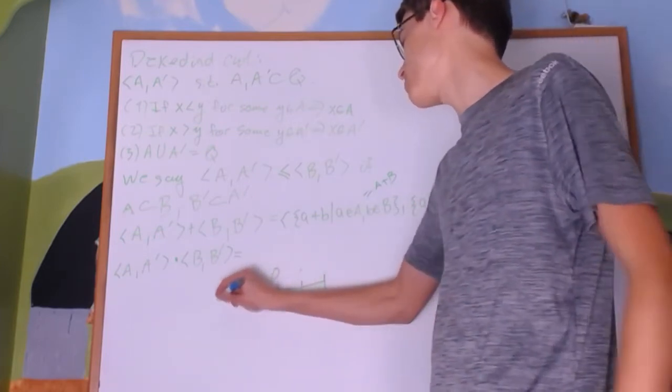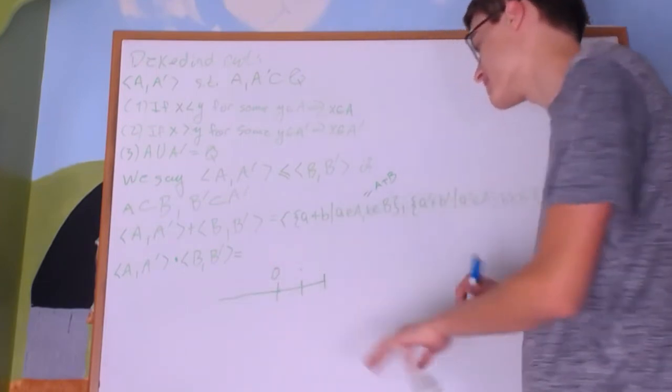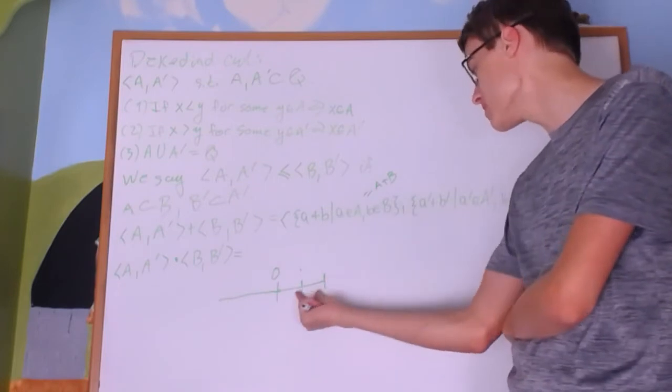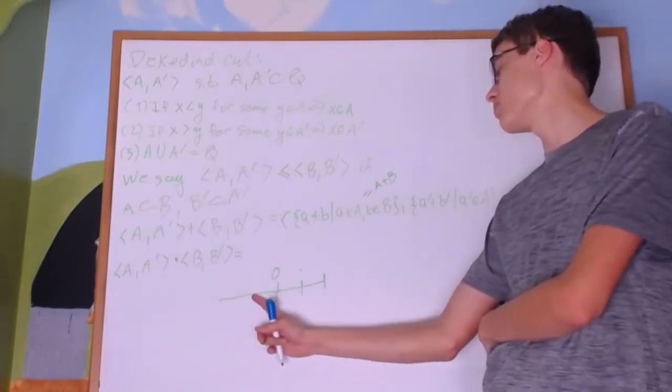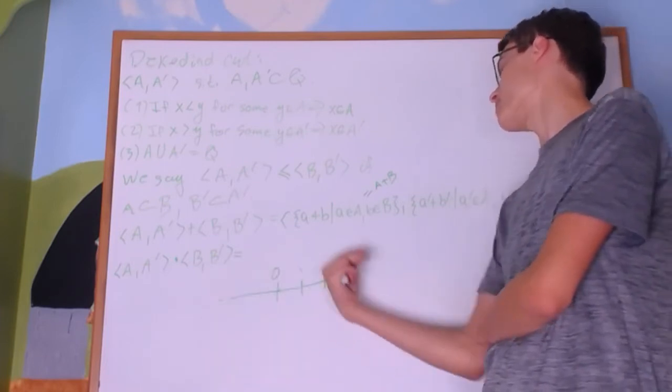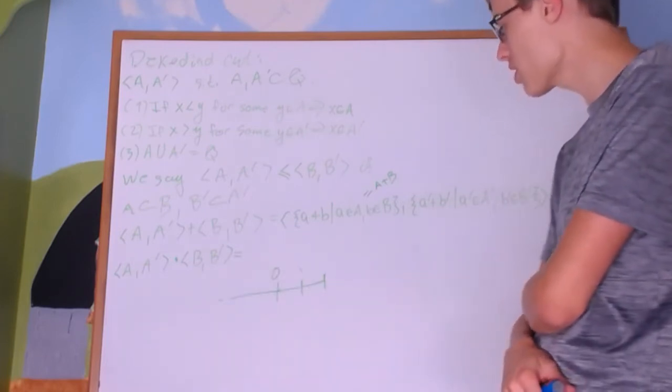So let's say they're both positive. Their multiplication has to be positive, but I can't just multiply arbitrary elements in each of the sets, because if I multiply two of these, because it goes arbitrarily far back, it'll loop back to the front.